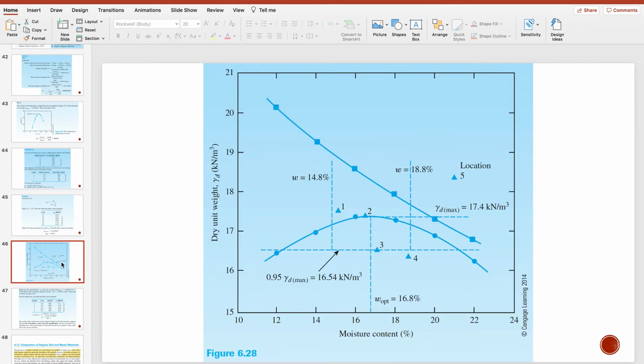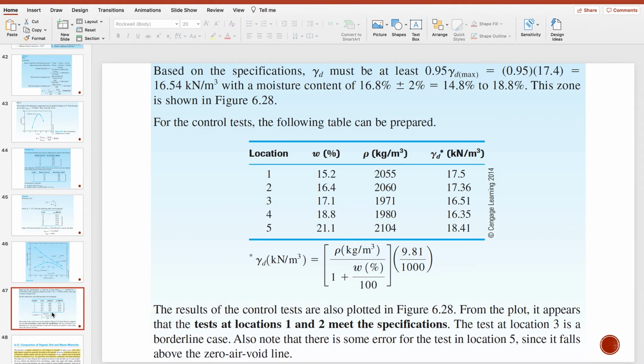So, we can solve our dry unit weight. So, we have here the density times 9.81 divided by 1,000. Tapos, tanggalin mo yung moisture content, makukuha mo yung dry. So, pasok ba? 17.5, 17.36, 16.51, 16.35, 18.41.